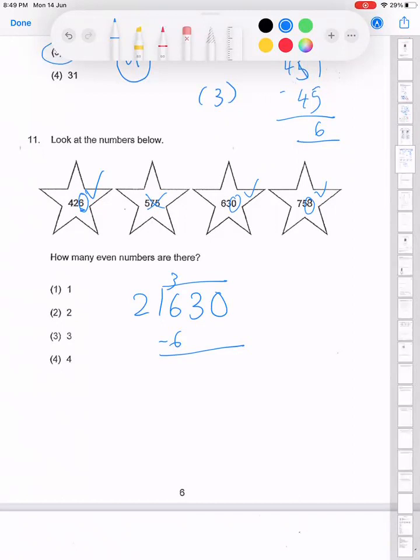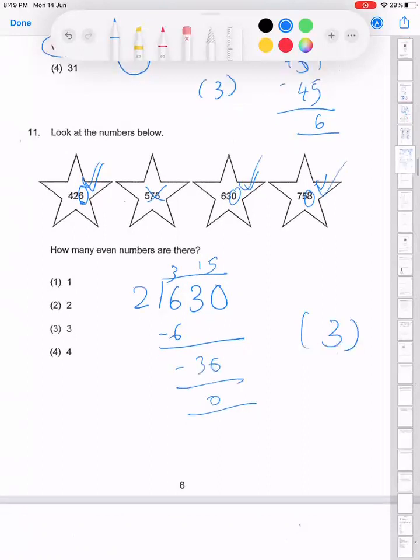Yes, it can. We know that you can do it because 15 minus 30 gives you that this is also divisible by 2. Therefore, you know that there's 1 star, 2 star, 3 star that is divisible by 2. Therefore, the answer would be 3.